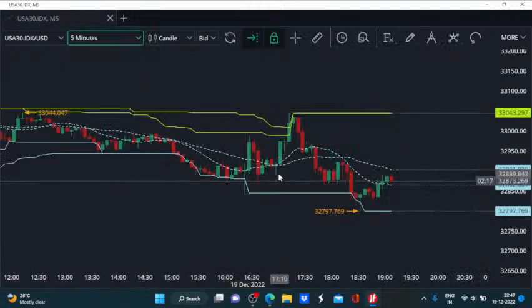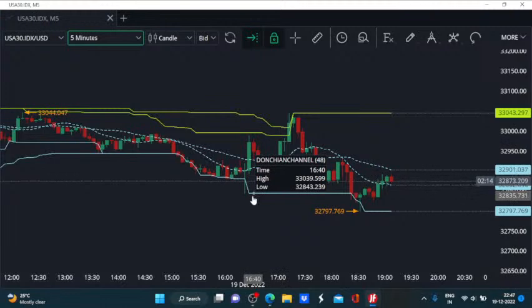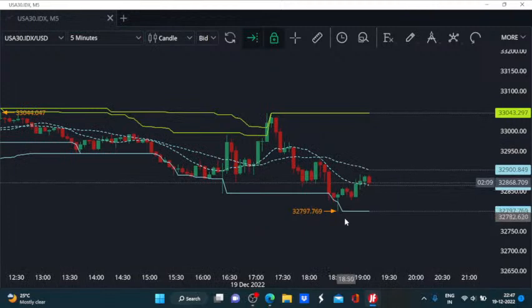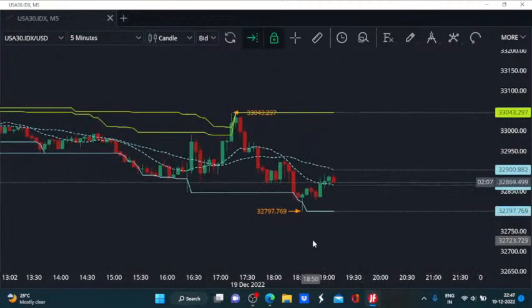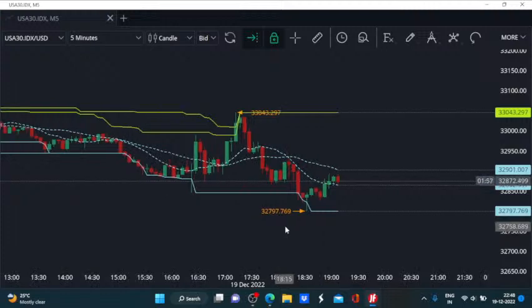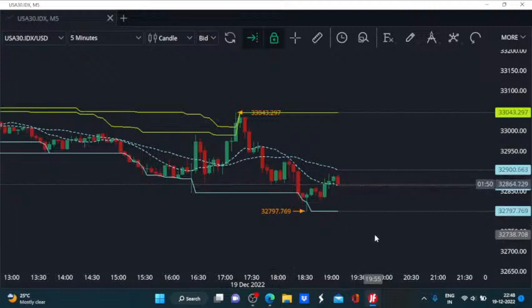Now, if we have to trade in the Dow at the moment, then we will have to keep in mind that it is simply consolidating and it is holding well closer to this immediate swing low. So I think using this, we can try to go for some buy trade, and if it doesn't really decline much on the lower side below 32,800, then I think we will indeed have options arising for us to go for the long trade.